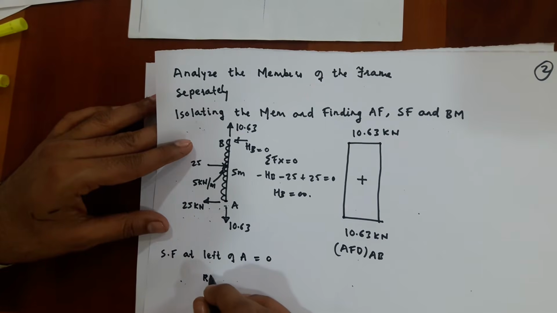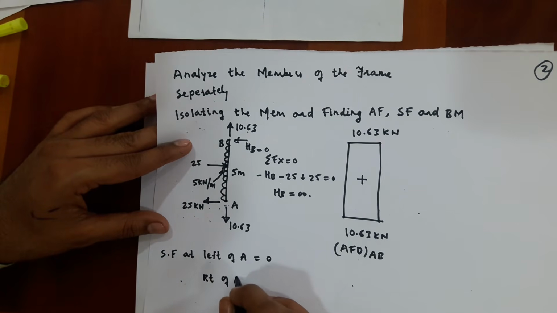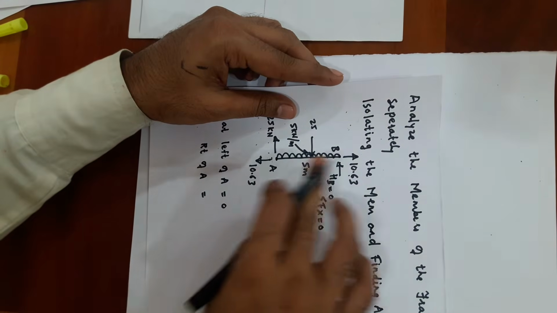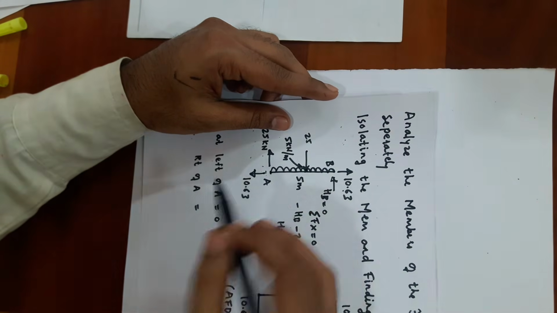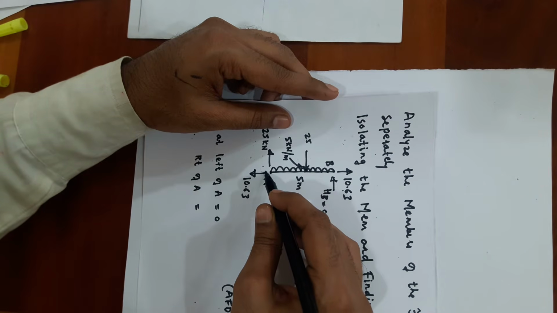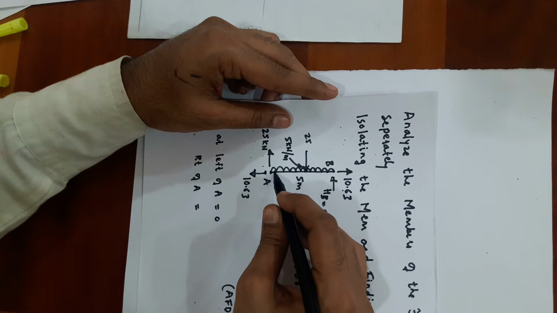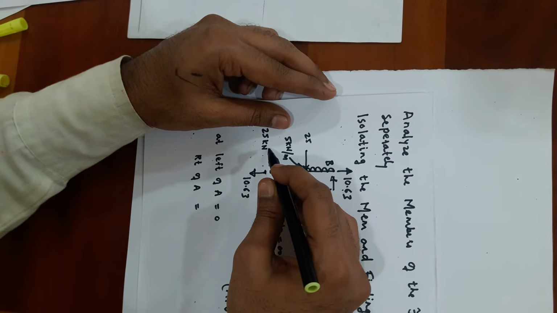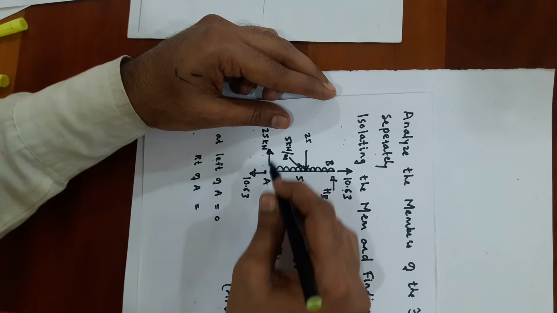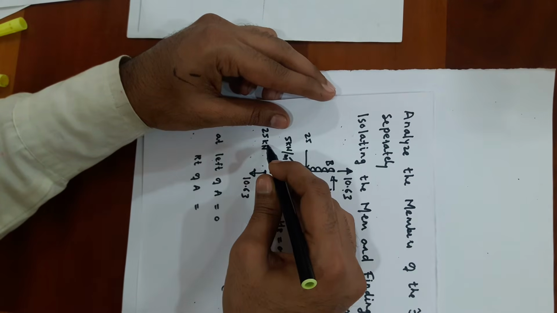At right of A, shear force is having some value. You have to look in this way. Then you are going from left of A to right of A, and one force is going upward. 25 kilonewton is going upward.